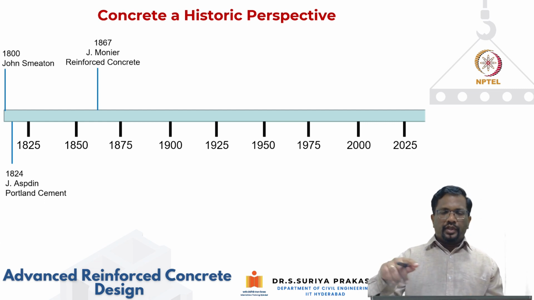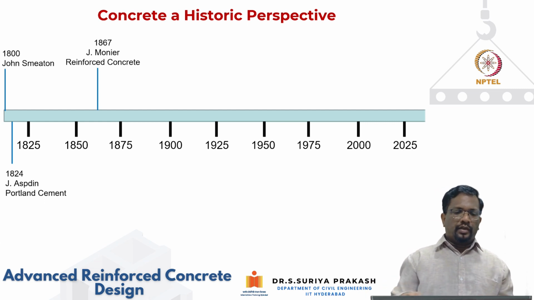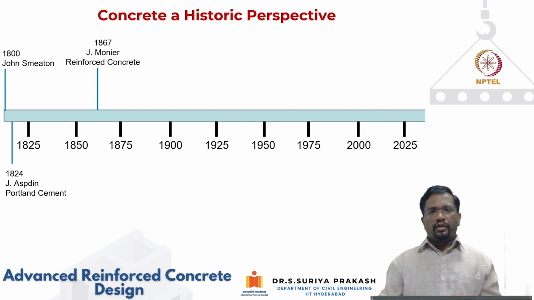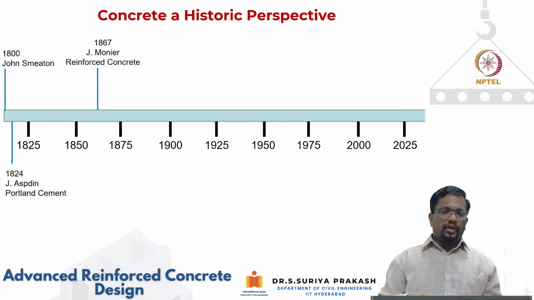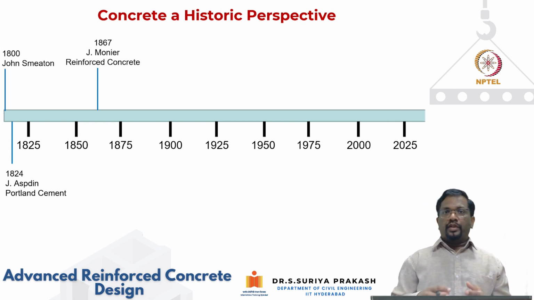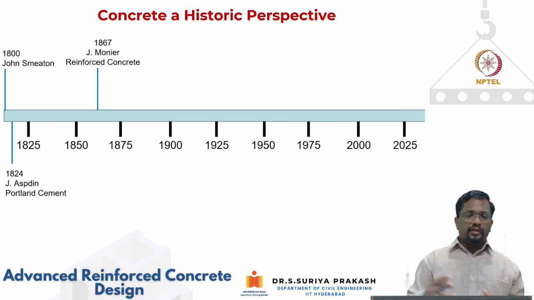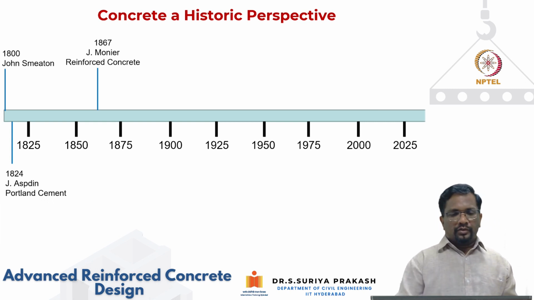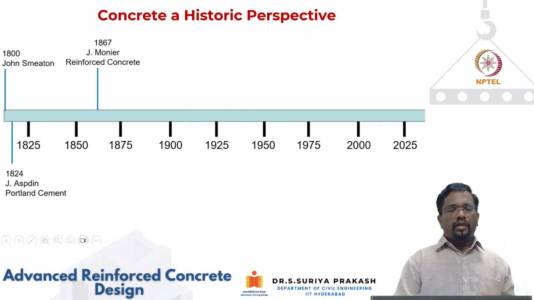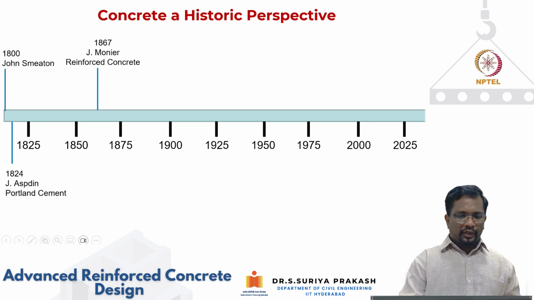So he used wires and cement to make concrete flower pots reinforced with steel wires. He found that the cracking was very limited and the performance of the flower pots was really good. So he is considered to be one of the pioneers in inventing reinforced concrete.